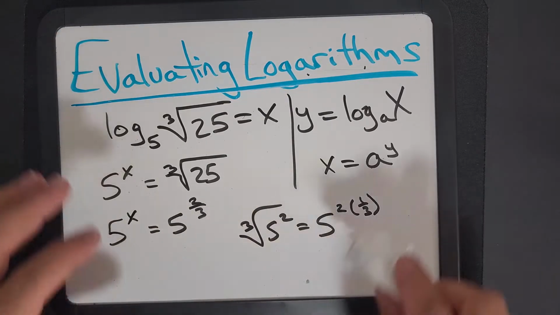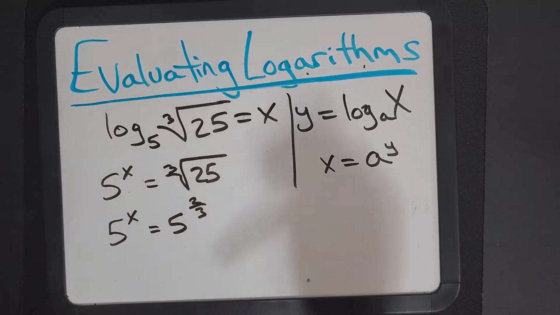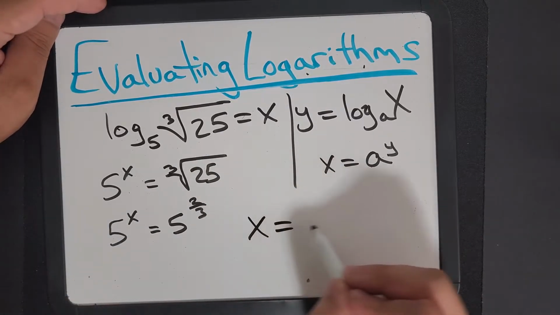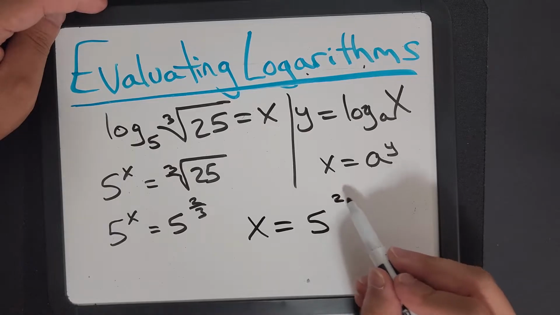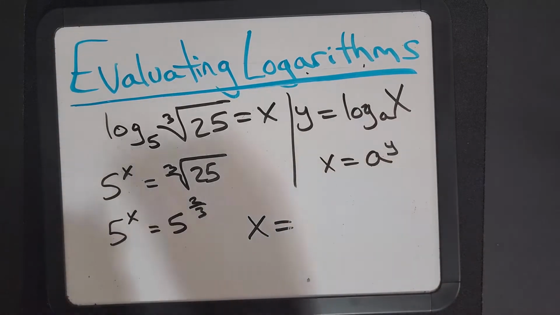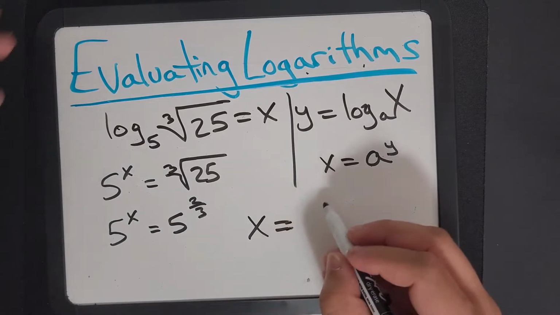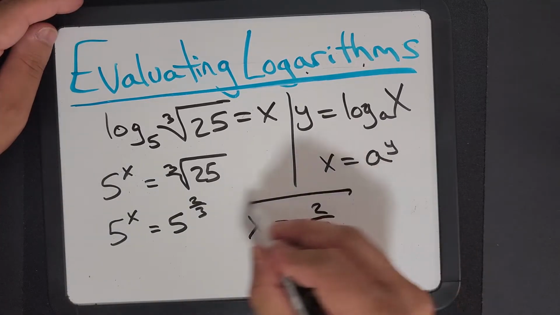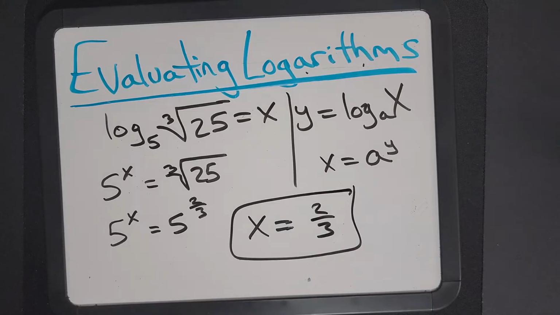And that means x is equal to, sorry, confusing myself again, 2 over 3. And what looks scary in the beginning is now not.